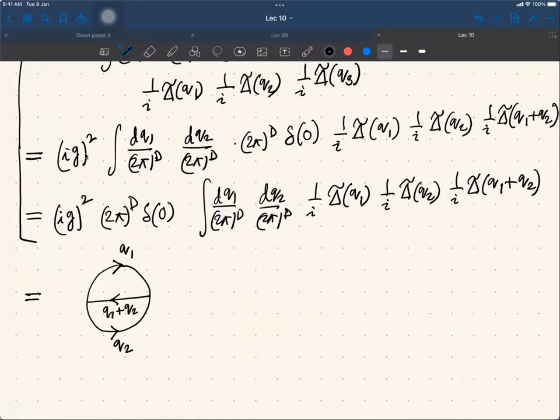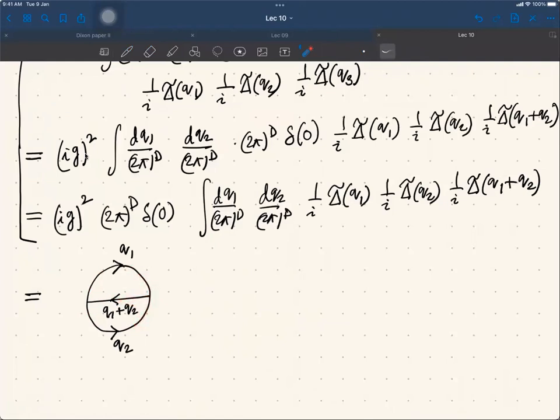So then the momentum conservation is preserved at these two points, because Q1 plus Q2 coming in and Q1 going this way, Q2 going this way. Again, here Q1 and Q2 coming this way and going here.